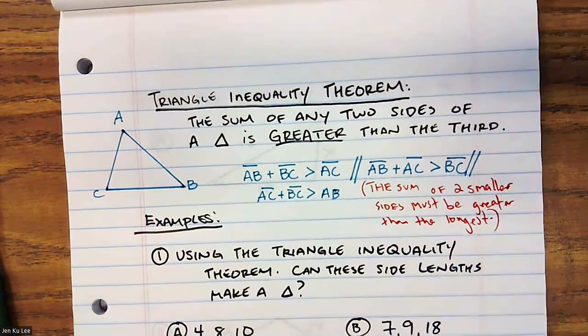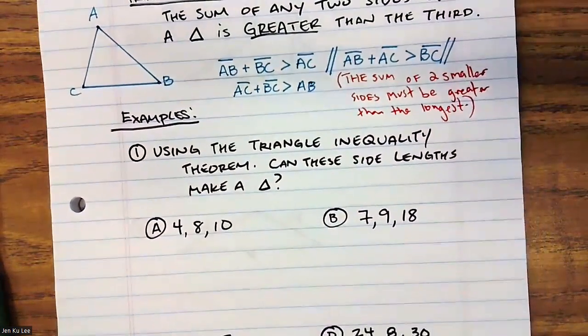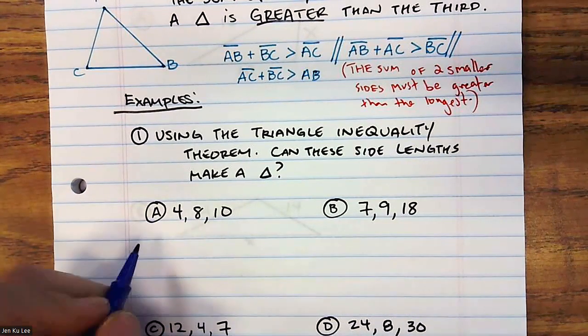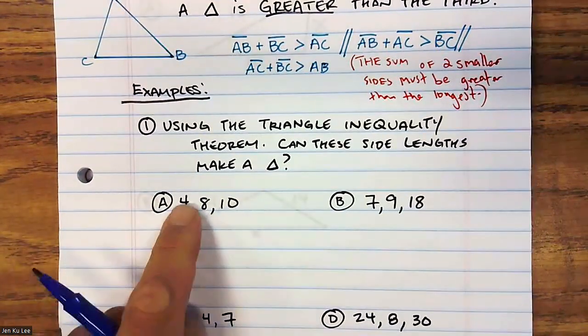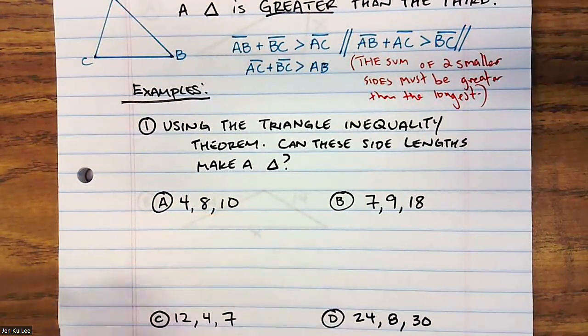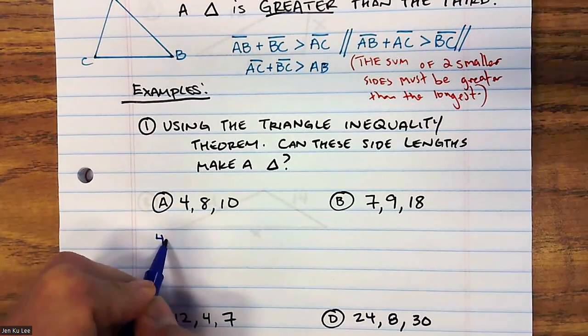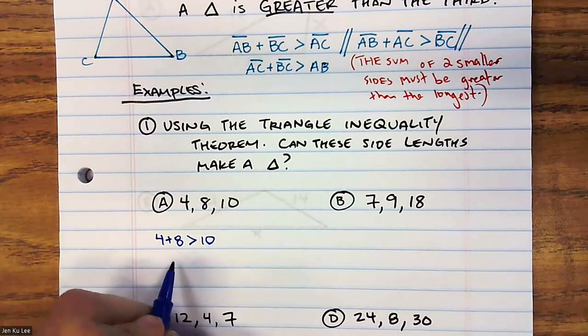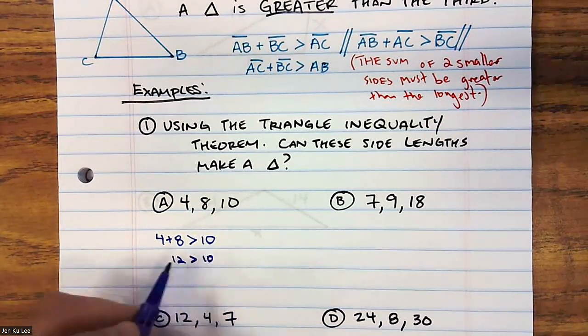All right. So here are some examples. Using the triangle inequality theorem, can these side lengths make a triangle? First, I'm gonna show you all three, and then I'm gonna cut it down to one. If I have these side lengths of 4, 8, and 10, 4 plus 8 must be greater than 10, which it is because 12 is greater than 10.